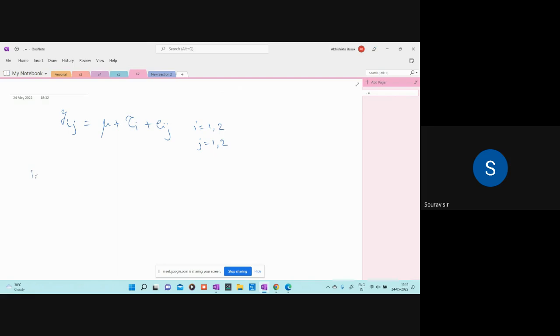So let's fix i at 1 and j at 1. It will be y11 = mu plus tau 1 plus e11.